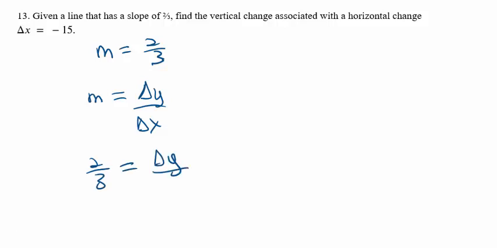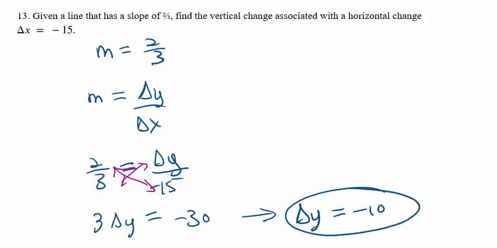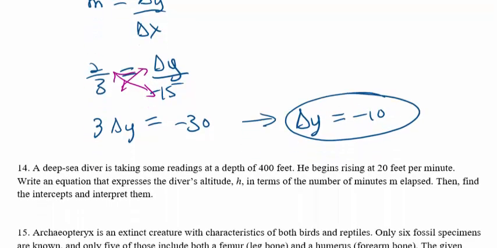We do not know a delta y, but we are given a delta x of -15. So if we solve this equation, one option is to just cross multiply because it's a proportion. And we get 3 times delta y is equal to -30. And then divide both sides by 3. So that gives me delta y is equal to -10.